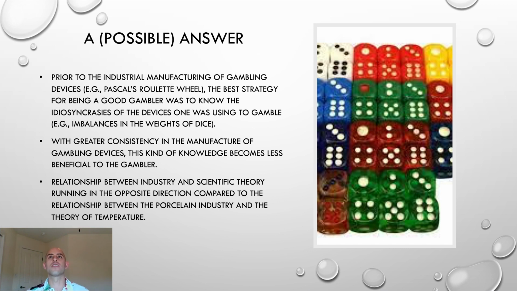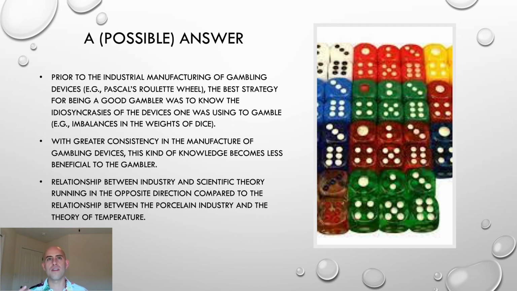And indeed, there might have been clues that one could pick up on, even if one didn't own the dice, that would enable one to very quickly figure out what the bias would be that could make someone a really good gambler, right? But then, of course, as we enter an industrial era, and these gambling devices are starting to be made in a very consistent, industrialized way, this kind of knowledge suddenly becomes much harder to find.